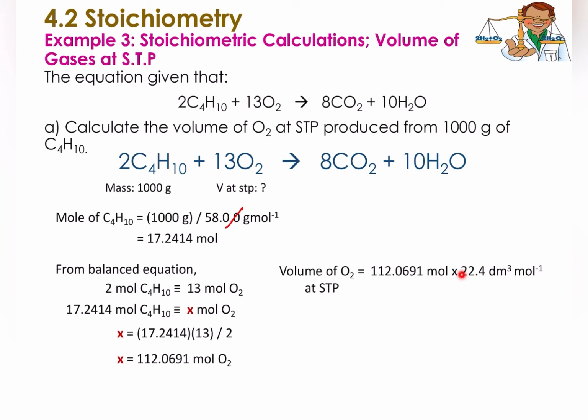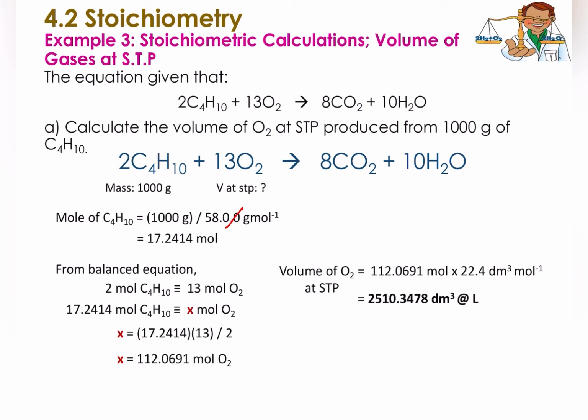So the volume of oxygen at STP is where I times the mole with the molar volume at STP, which is 22.4 dm cube per mole. And I cross the units for mole and per mole. Yang tinggal hanyalah dm cube. So this is my value, 2510.3478 dm cube, ataupun another unit yang sama dengan dm cube adalah liter.